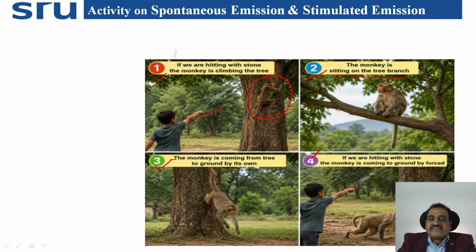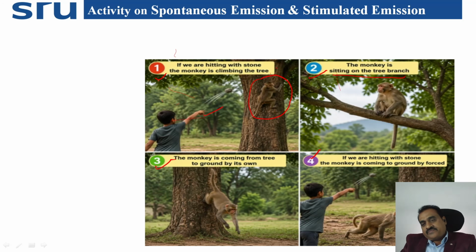Fourth one, if we hit with a stone, the monkey is coming to the ground by force. Think about this question. Which situation happens naturally and which situation happens because of an external action or external force?